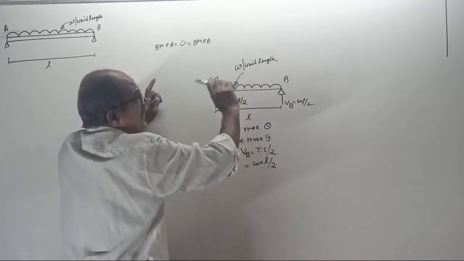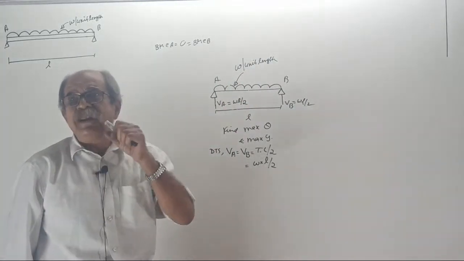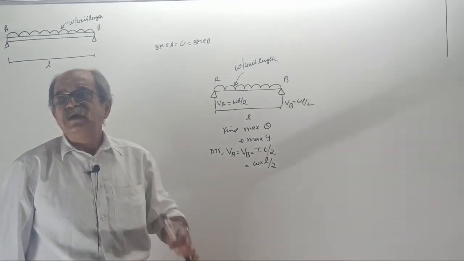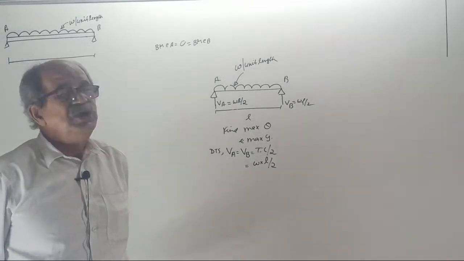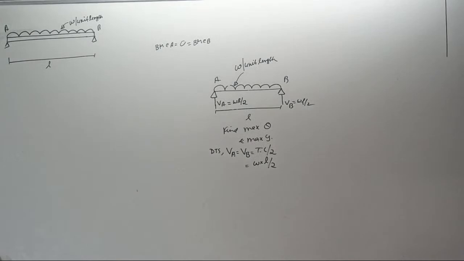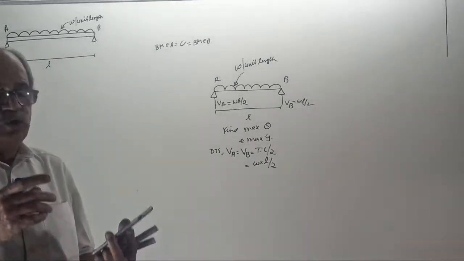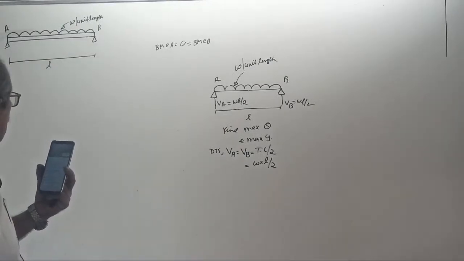Second degree parabola. Therefore, somewhere in between there is an important point where shear force is 0 and bending moment is maximum. You don't have to worry about it now. You know it. You worry about SFD BMD.